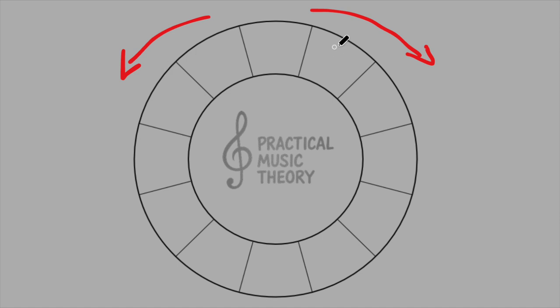The order of sharps and flats, there are 7 of them, and they're always in the same order. And they are as follows. First is F sharp. If a key has 1 sharp, that 1 sharp is F sharp. Then is C sharp.